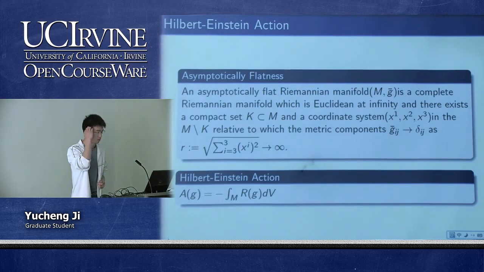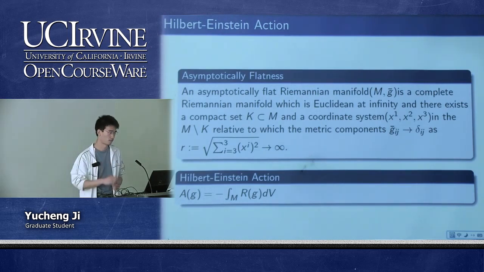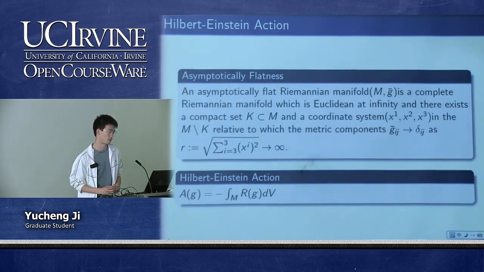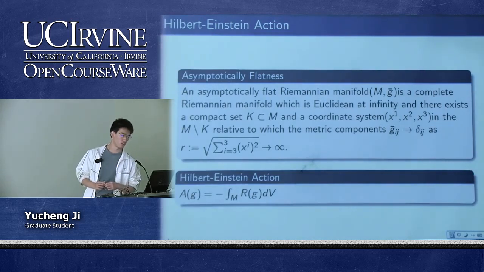So what is asymptotic flatness? Here g is the metric, and N is a manifold. We can see Schwarzschild as an example of asymptotically flat.